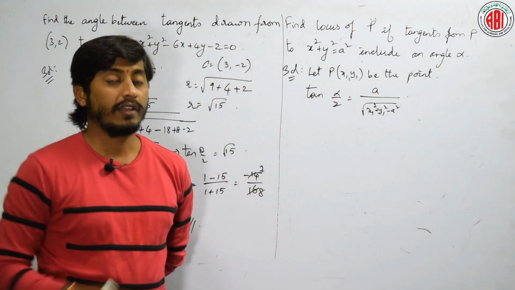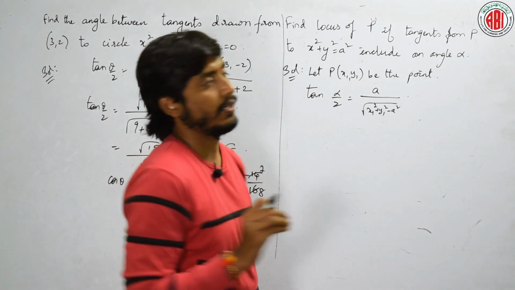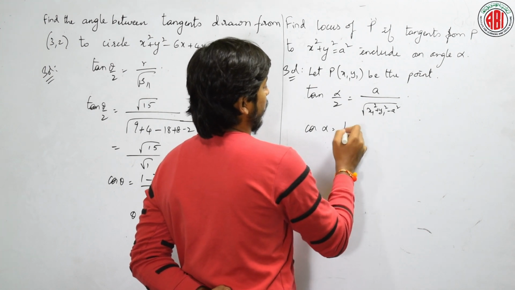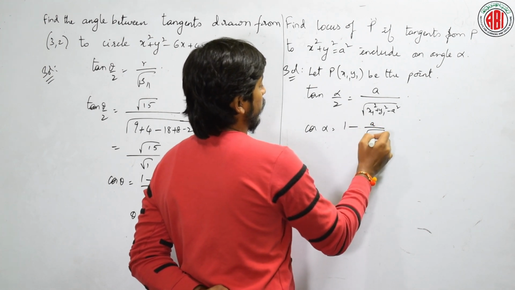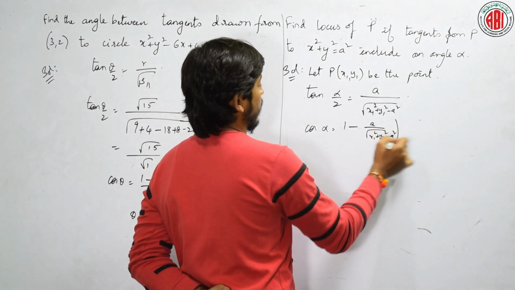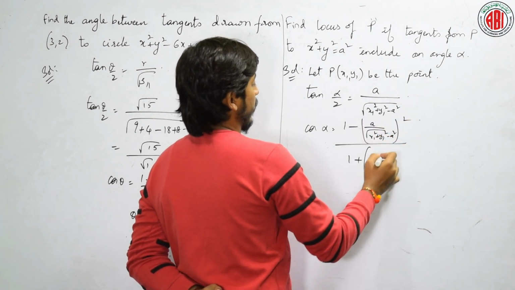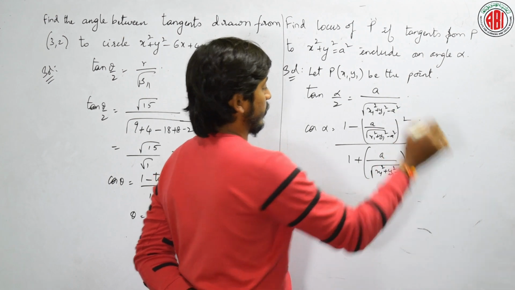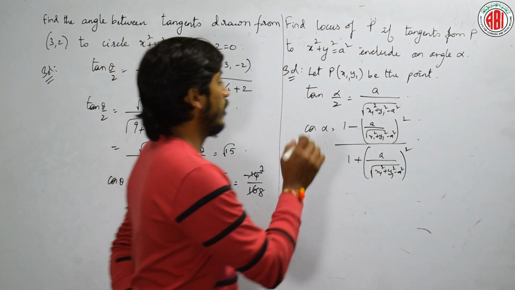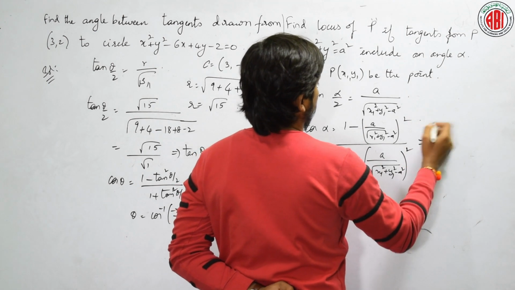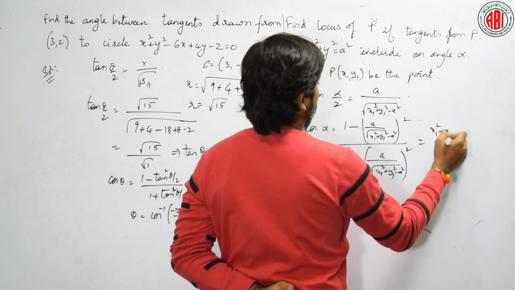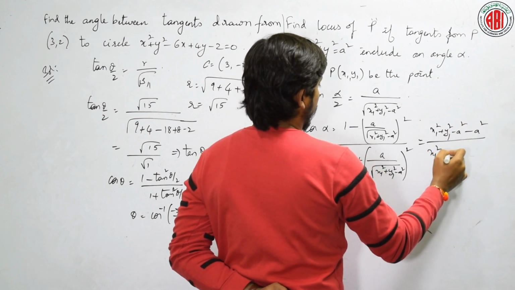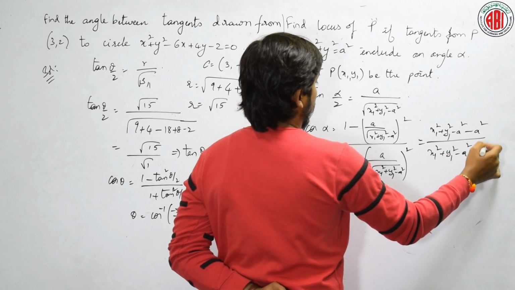What is the rule? We have to convert it always in the form of cos. So, we can write cos alpha as (1 minus tan square) by (1 plus tan square): 1 minus (a by under root x1 square plus y1 square minus a square) whole square, by 1 plus (a by under root x1 square plus y1 square minus a square) whole square. Fine. So, let us take LCM, that will be x1 square plus y1 square minus a square divided by x1 square plus y1 square minus a square plus a square.